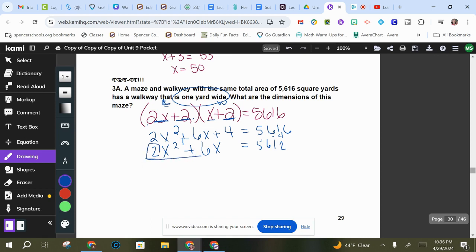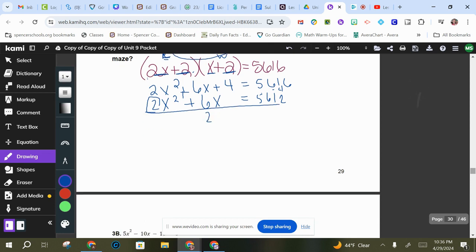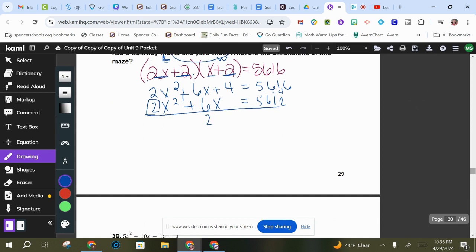And since it's 2, we're going to divide this all by 2 and start from completing the square when A is 1. So 2x squared divided by 2 is x squared, 6x divided by 2 is 3x, and then 5,612 divided by 2 is 2,806. I apologize. It's hard to write with this weird little pen.